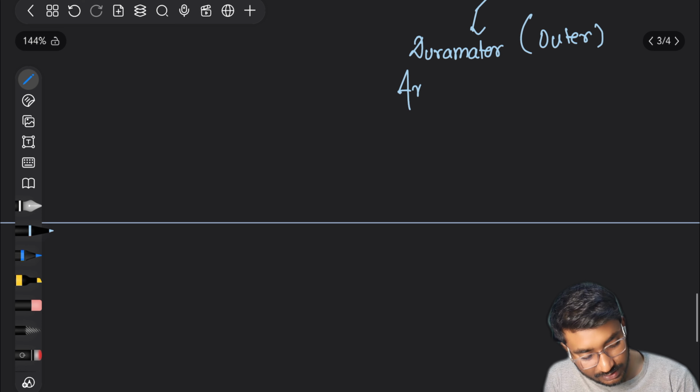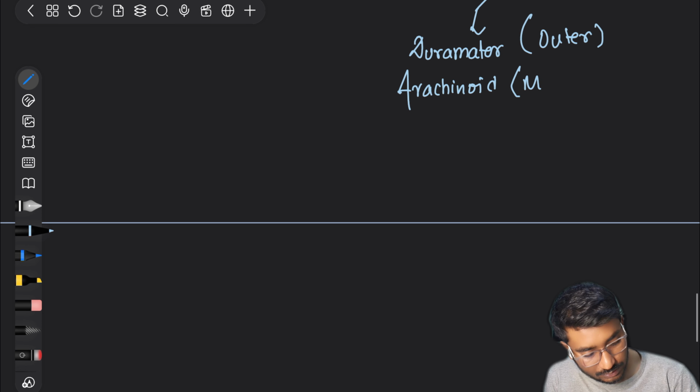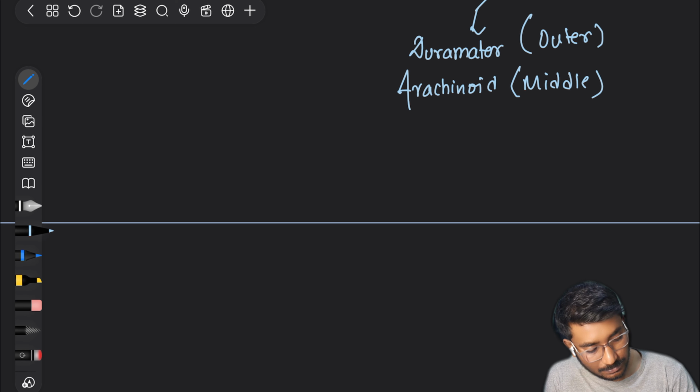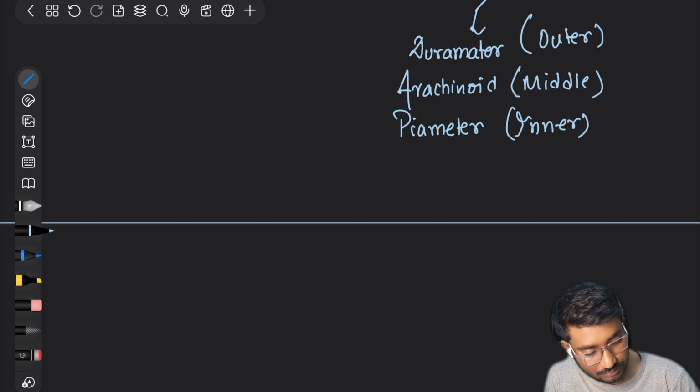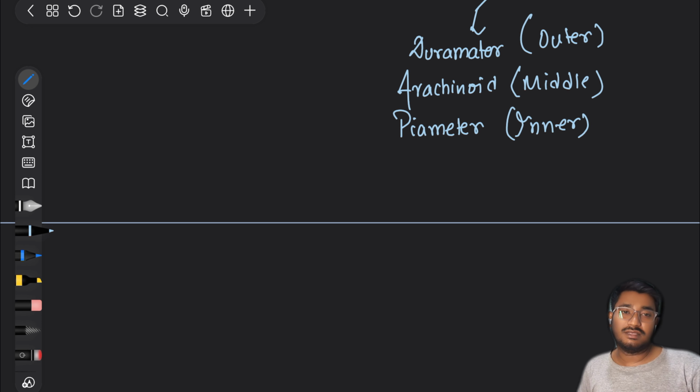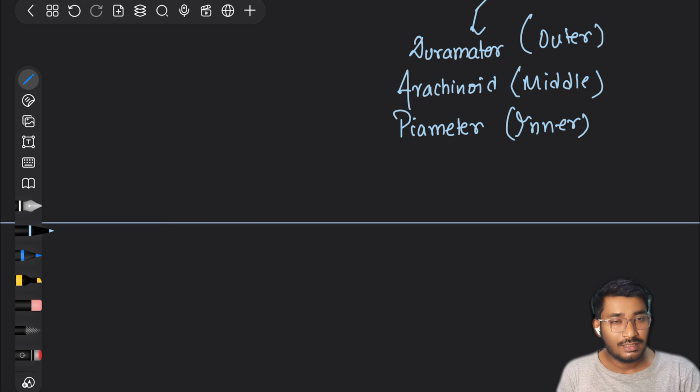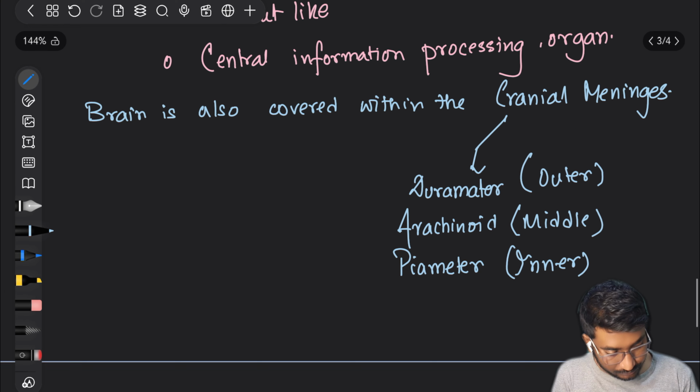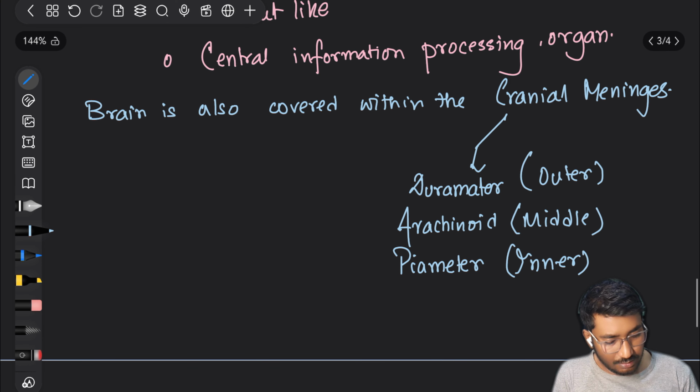The arachnoid mater, that is the middle, and the pia mater, it is the inner. Okay. So there are three layers: the dura mater, the arachnoid mater, and the pia mater.